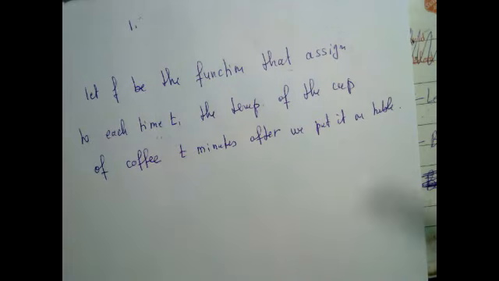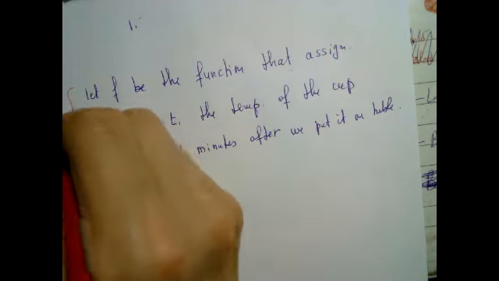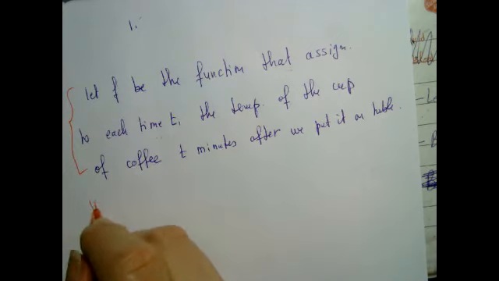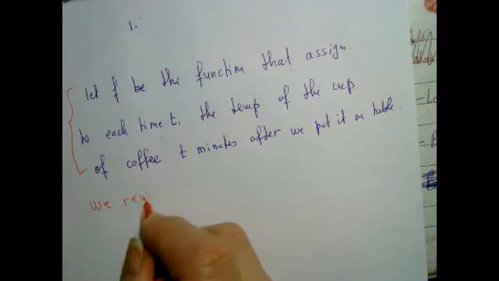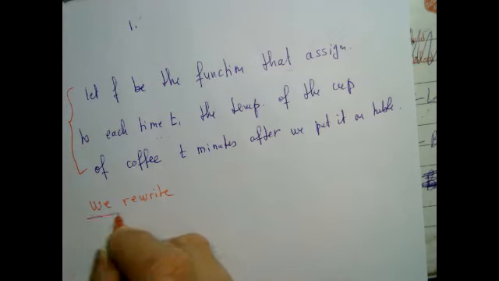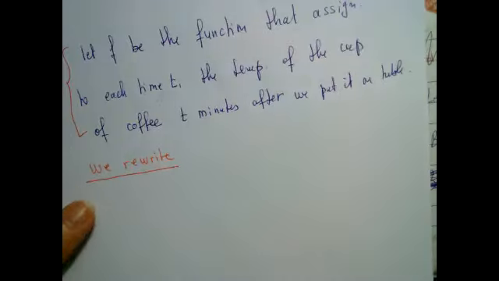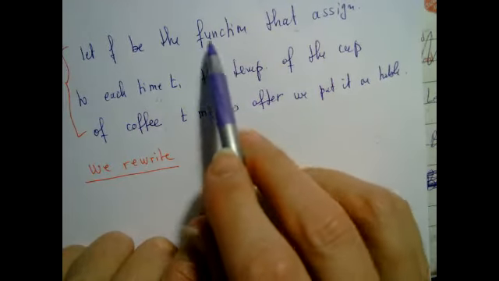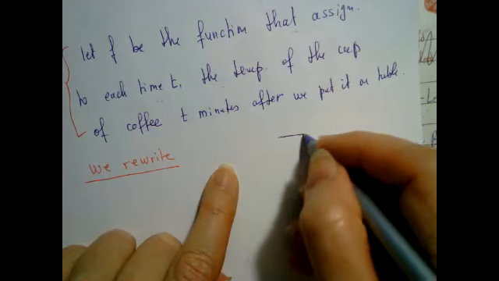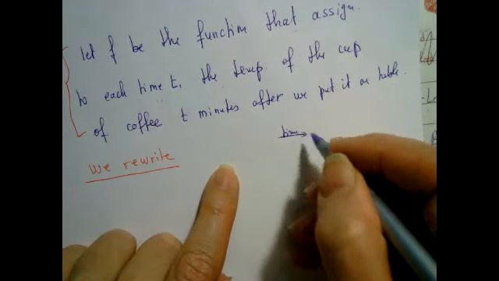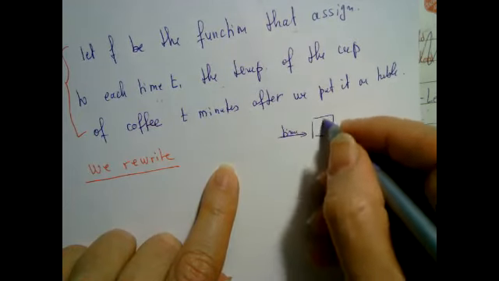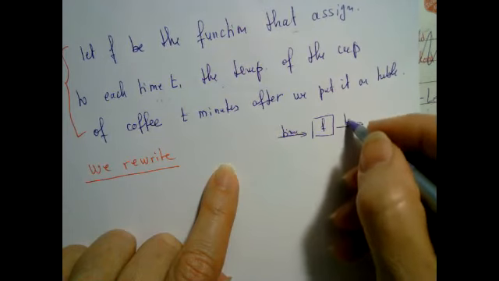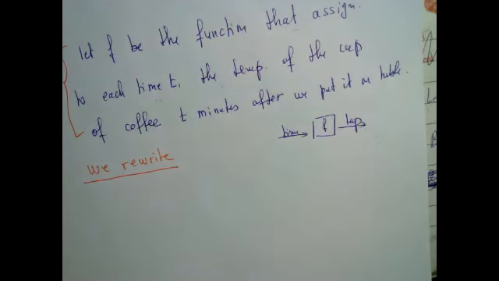We can rewrite this idea by writing the following. Instead of telling you that F assigns the temperature to the time, as time changes, of course, the temperature changes. Another way we write this is the following.